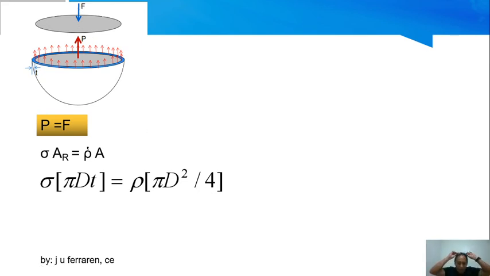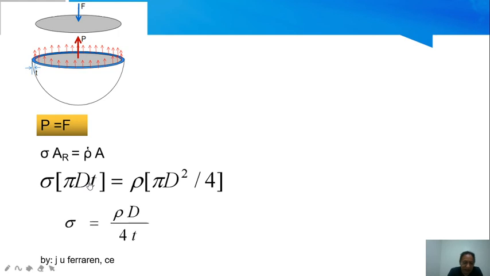Now, when you simplify, my pi can be removed as common on both sides, and I can reduce my d squared to d after removing this. So if I define the stress on the spherical tank, what is left is pressure times d over 4t.